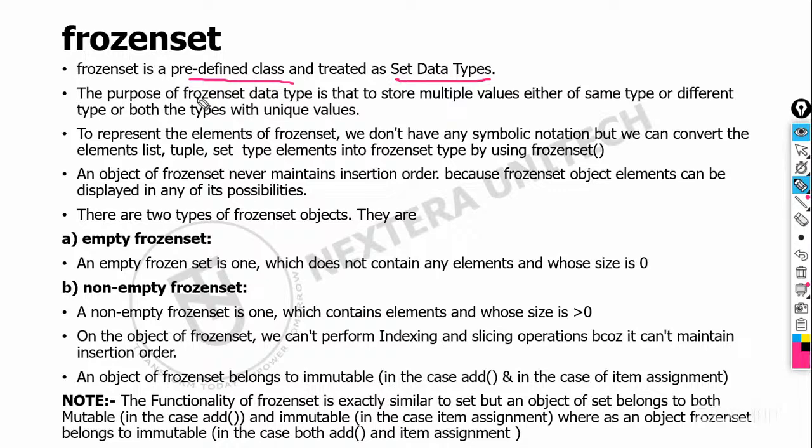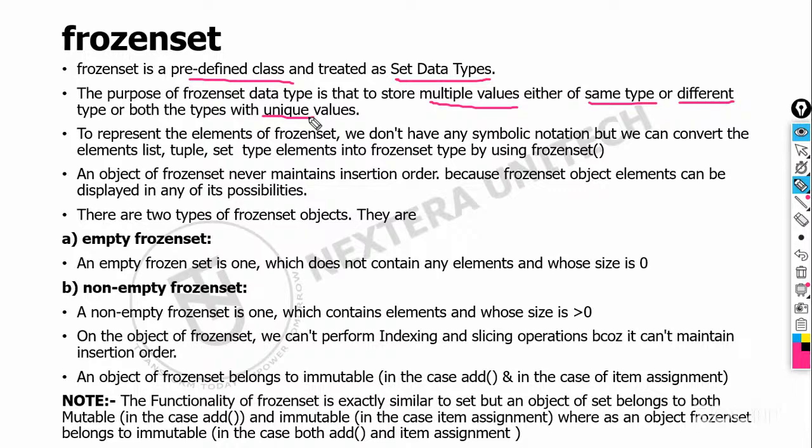Even the purpose of FrozenSet is the same as set. It helps us store multiple values of the same type or different types, but these values should be unique, no duplicates.